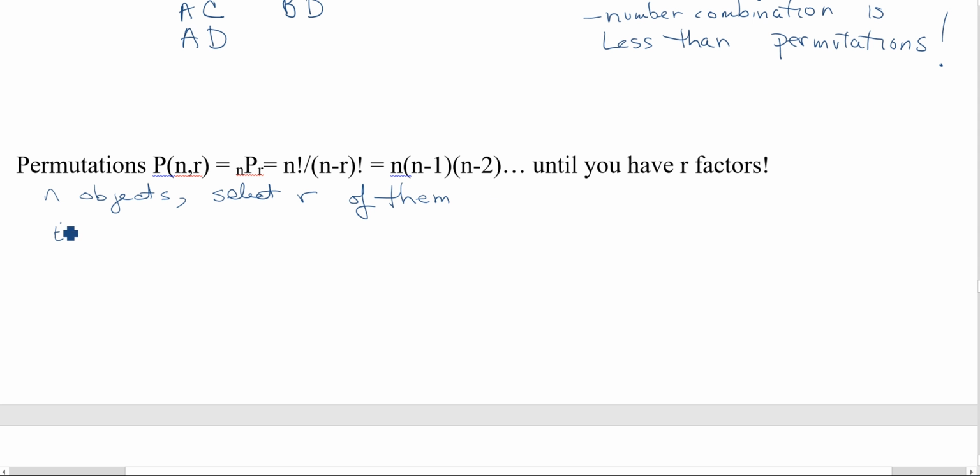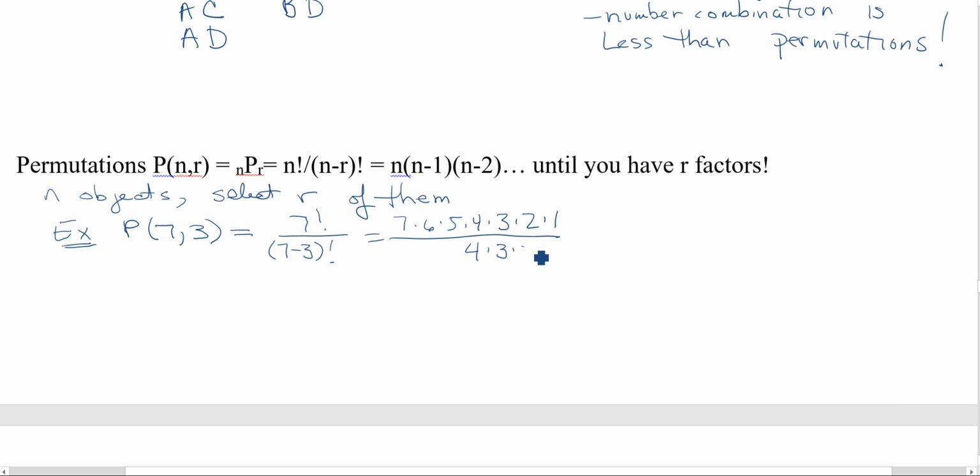So let's look at some examples. Let's say I have permutation 7 objects, choose 3. Using the author's definition, that would be 7 factorial over 7 minus 3 factorial, which would be 7, 6, 5, 4, 3, 2, 1, over 4 factorial, 4, 3, 2, 1. If you notice, those common factors divide out, so I'm left with 7 times 6 times 5, which are the first 3 factors of 7 factorial.